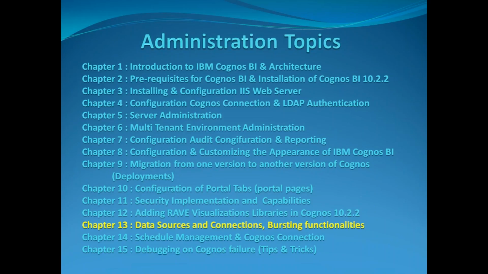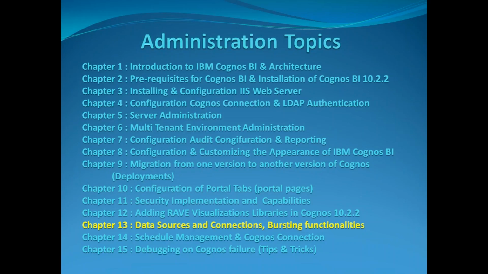Chapter 13, data sources and connections, bursting functionalities. We have a major concept called bursting. First of all, creating data sources and connections: when you migrate from one environment to another environment, sometimes it happens that the data sources will not be copied or moved from the old environment.